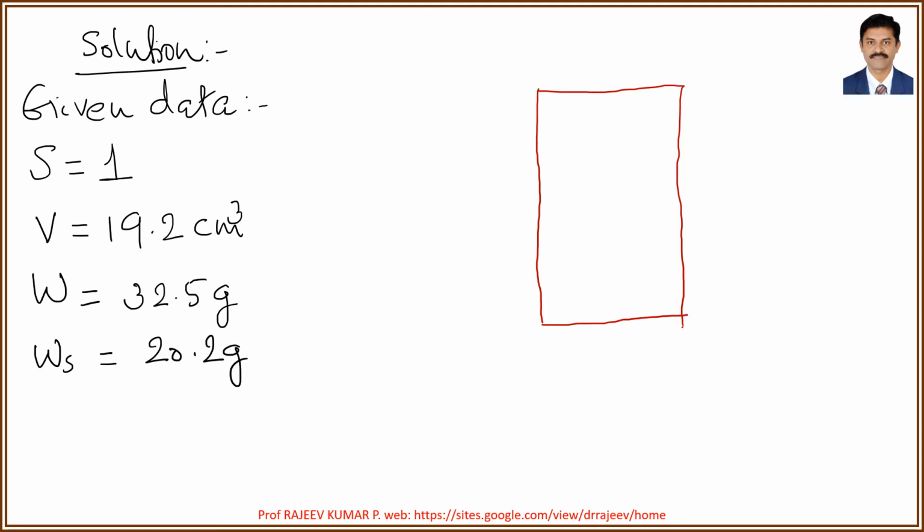In a fully saturated soil sample, there are only two phases, that is water and soil solids. So as you know that we have one side of the three-phase diagram or phase diagram, we have weight, and another side we have volume.